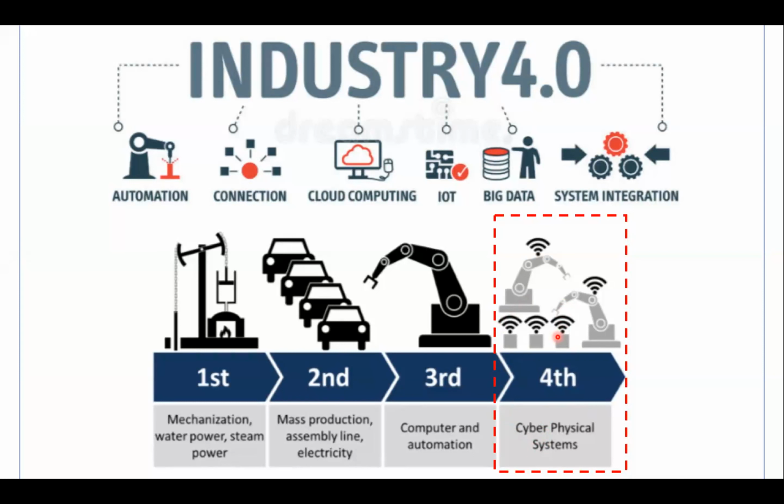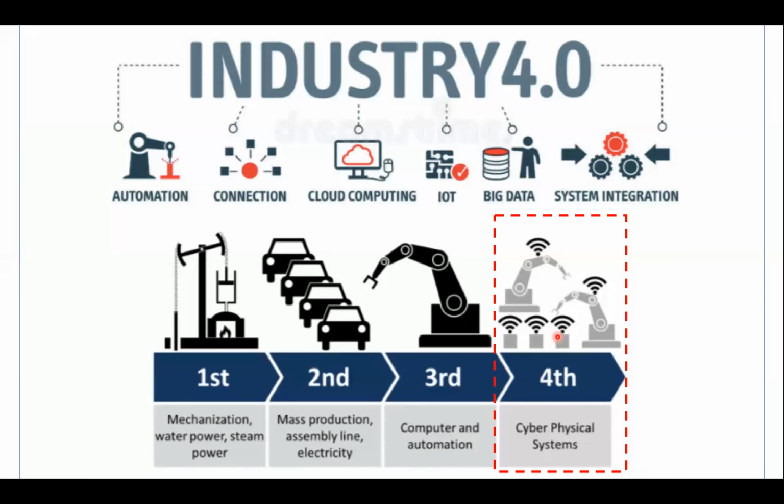In this figure we see there are significant characteristics if we compare with Industry 3.0, because in 3.0 we also talk about computers, IT, technology, automation, etc. But what is the difference?